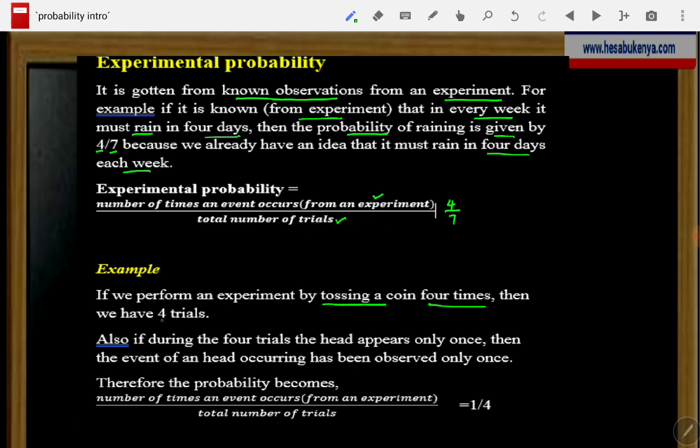Therefore, the probability becomes the number of times an event occurs, which is 1, over the total number of trials, which is 4. Therefore, the probability of the head appearing is 1/4.